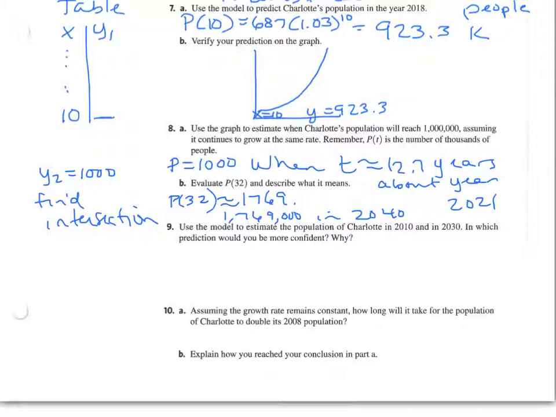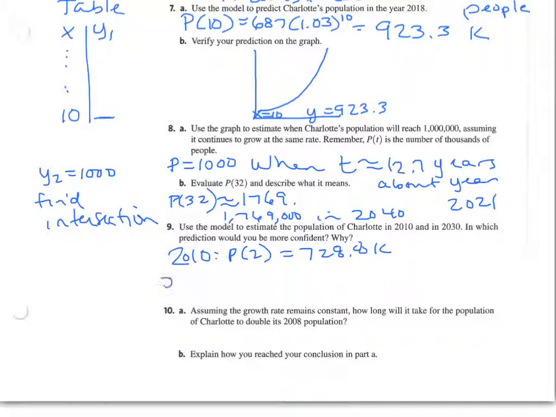Okay, use the model to estimate the population in 2010 and 2030. Which prediction would you have more confidence in? Why? Okay, so we just found both of these. Oh no, wait, 2010 we already had, I think. 2010 was 2 years past the initial, and that came out to be 728.8 thousand.